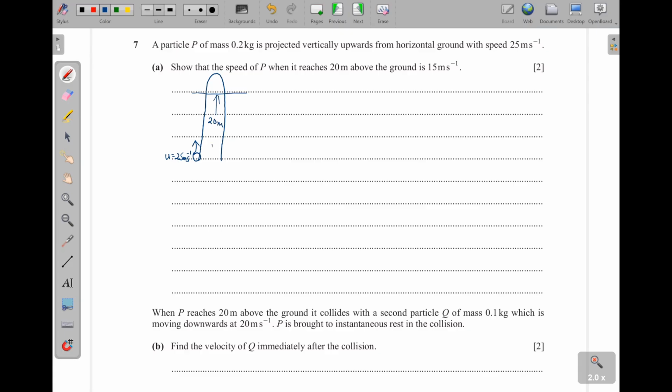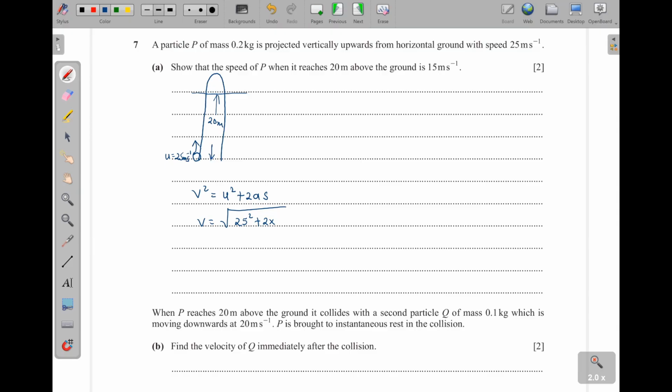Okay, so they are saying show that the speed of P when it reaches a height of 20 meters above the ground is 15. Now, of course, we can use v squared is equal to u squared plus 2as. So it's very easy. Our v is going to be the square root of u, which is 25 squared, then plus 2.